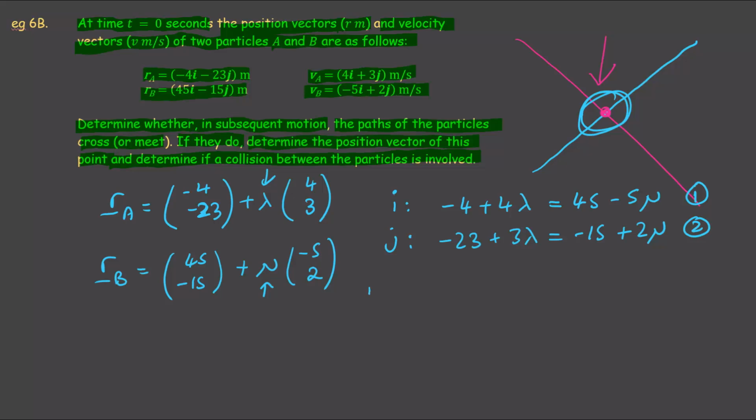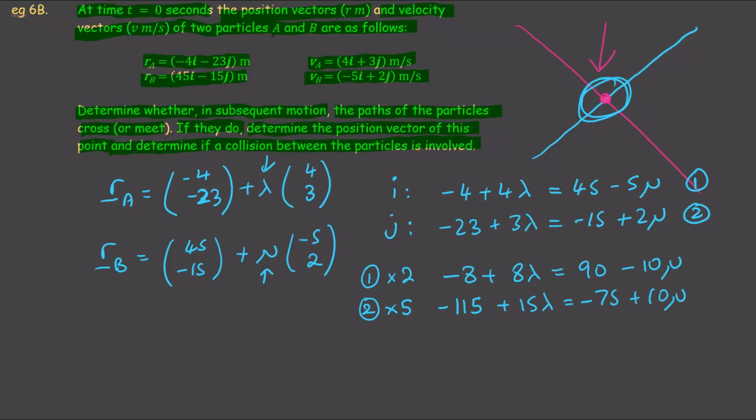So if I do equation 1 times 2, that gives me negative 8 plus 8 lambda is equal to 90 minus 10 mu. And equation 2 times 5 would give me negative 115 plus 15 lambda is equal to negative 75 plus 10 mu.